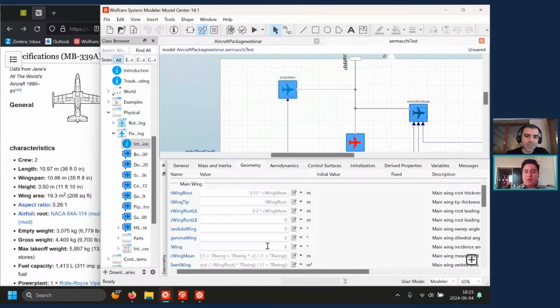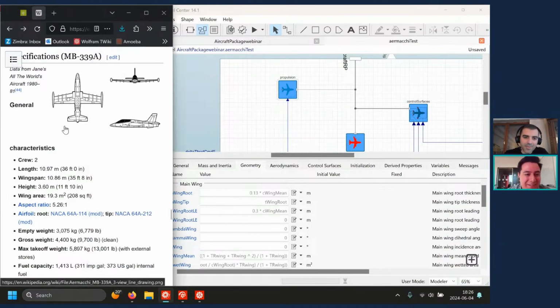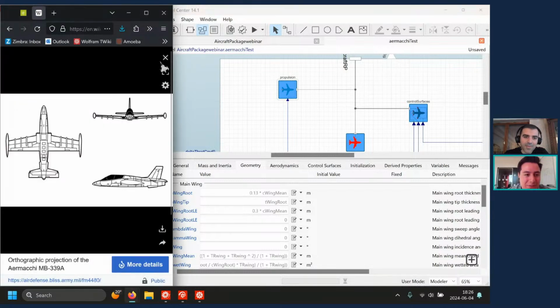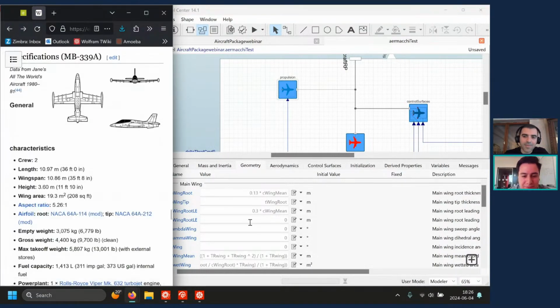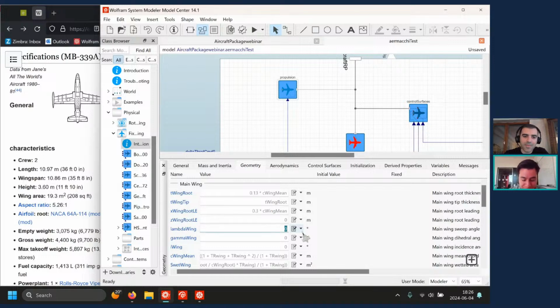But of course, we today have some extra information that we might want to fill. Maybe we don't have the main root thickness, but if we assume it's around 13% of the Mach, those of you with aeronautical background will know it is kind of there. For example, we know that the wing has some lambda, so we can just put some 30 degrees over there.